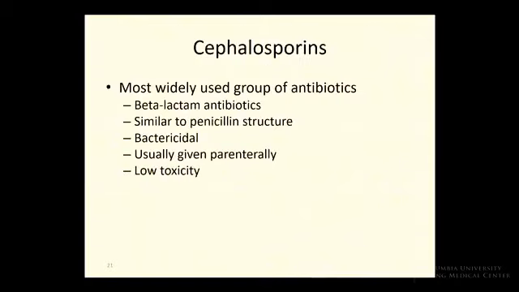Okay? The cephalosporins are frequently second-line choices when penicillins are not possible, or not available, or not working. They still belong to this larger beta-lactam family. They are similar to penicillin in structure, particularly with that beta-lactam ring.